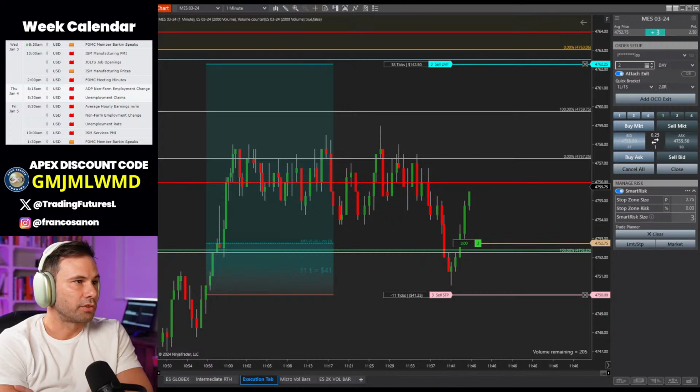I think 54 needs to hold if this trade is going to work. 54 needs to hold.